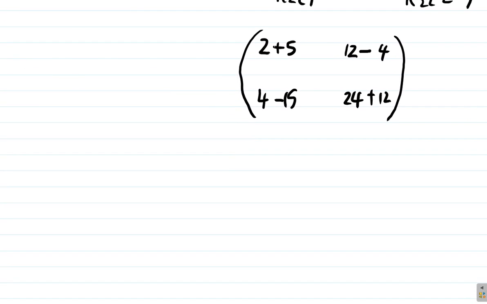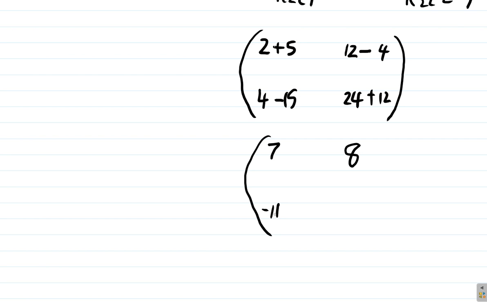Alright, so what's going to happen here now? 2 and 5 is 7. 12 minus 4 is what? 8. 4 minus 15 is what? It's going to be negative 11. Right?